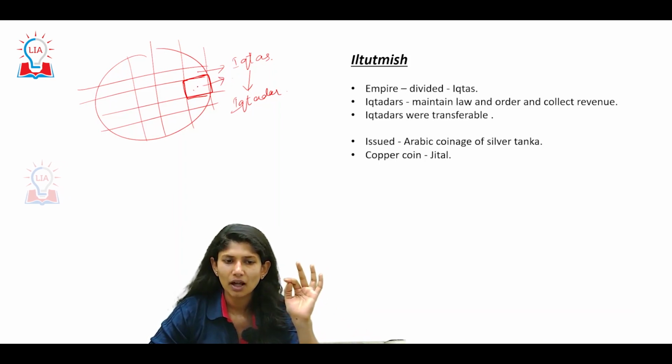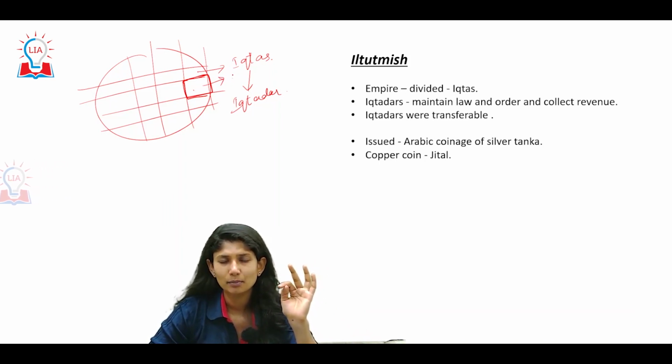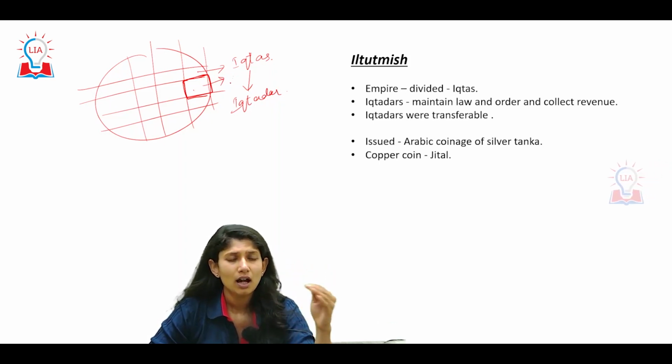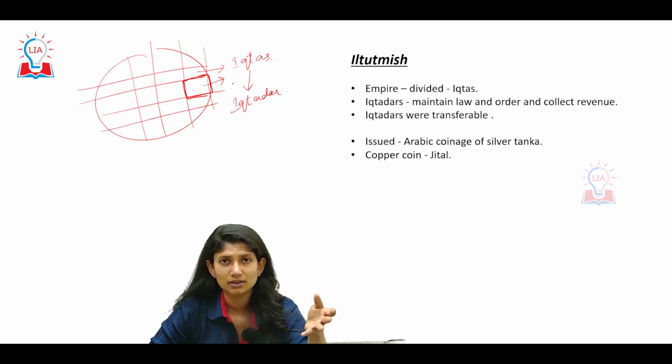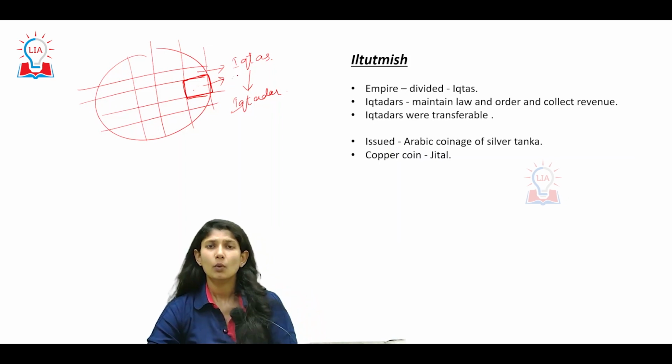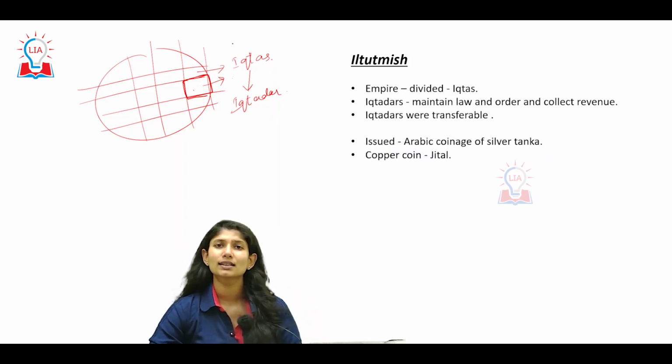Understand? Only part of it would be taken by the Iqtadar, whatever is needed for salary, cash paying, or basically the revenue generated after distributing with the slaves or with the military personnel, army, and then maintaining for himself. Whatever is there, he had to give it back to the king.